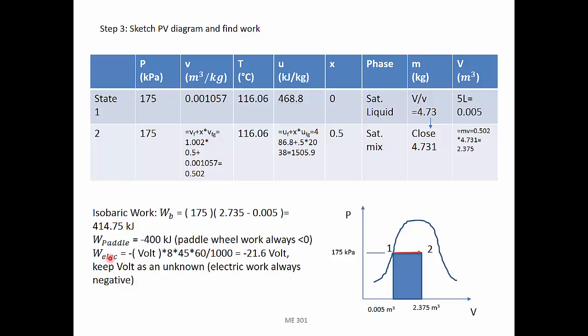And electrical work is also work input into the system. Therefore, it will always be negative. In this case, voltage is an unknown. Therefore, we will leave it in the equation as an unknown. And we found that the electrical work turns out to be minus 21.6 multiplied by volts.